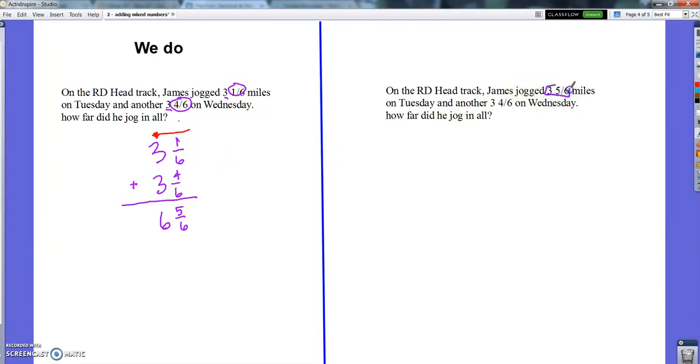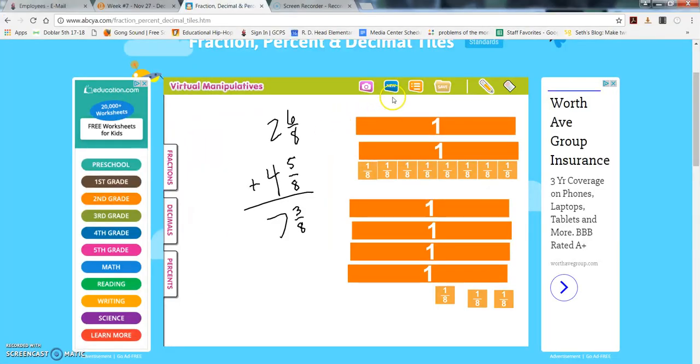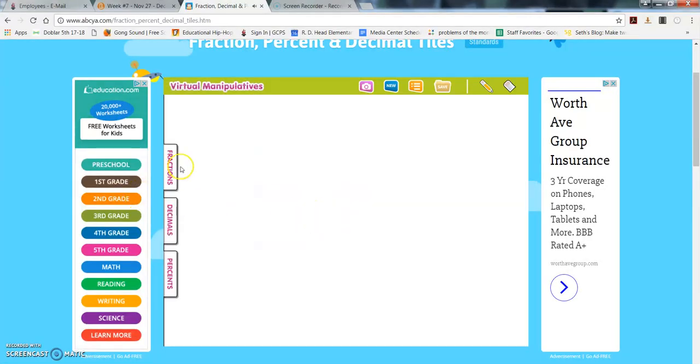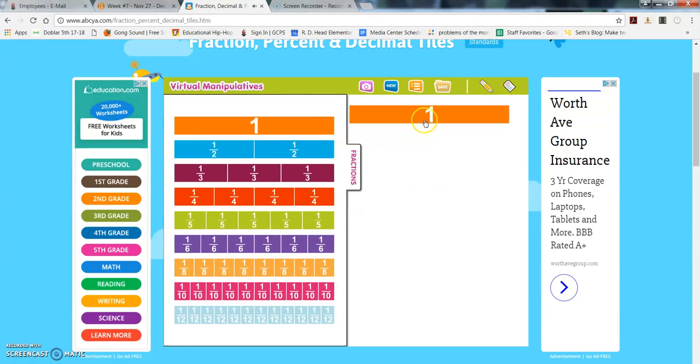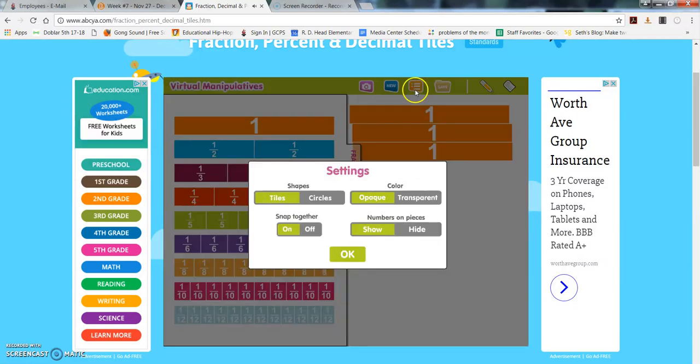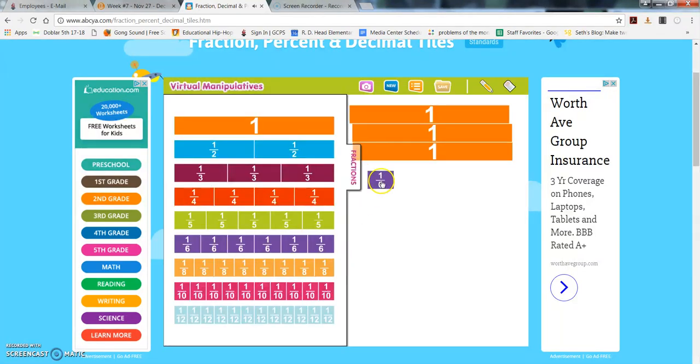So same problem, we're going to do 3 5/6 on the first day instead. So if instead he jogged 3 5/6, I run into this issue again where these are going to be more than 1. So if I go to my bars just to show you how that works again, if you want to draw these, I have 3 and 5/6. 1, 2, 3, 4, 5.